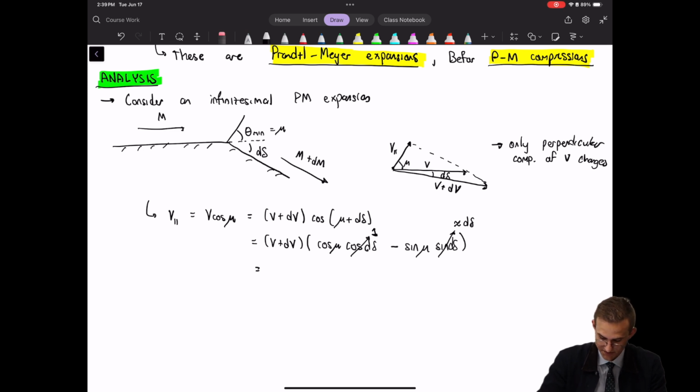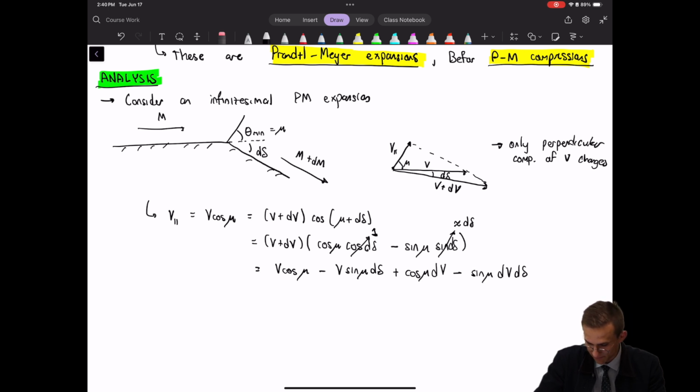And so now we can use those two facts and then FOIL out the binomial expansion here, where we have v times the cosine of mu minus v sine mu d delta plus cosine of mu dv minus sine of mu dv d delta.